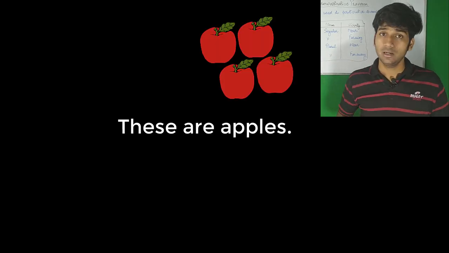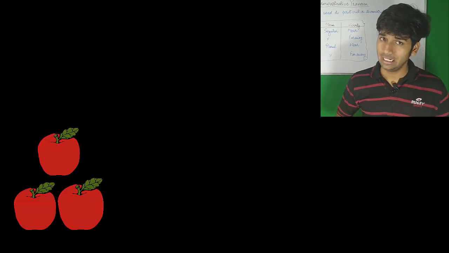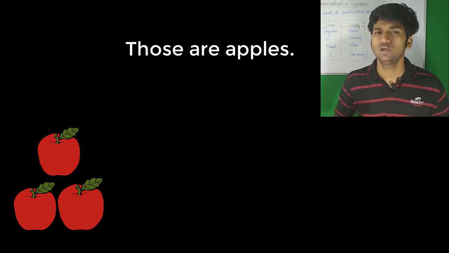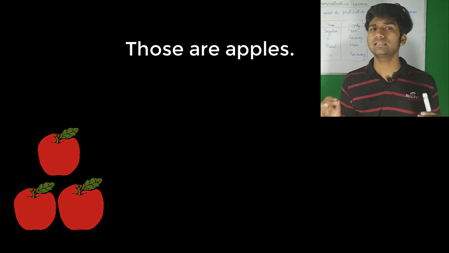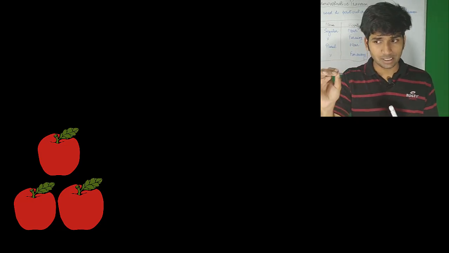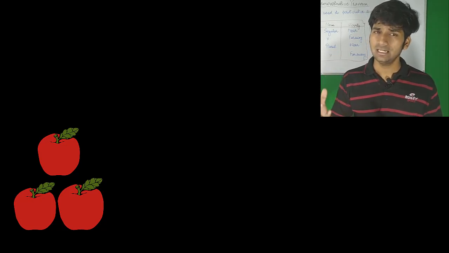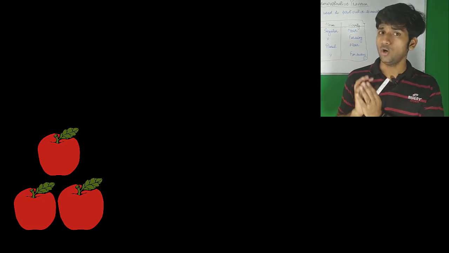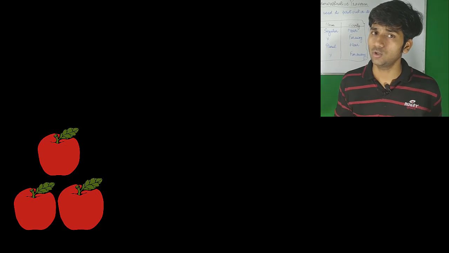But if they are far away from me, I'll say those are apples. Very easy, guys. These are used just to point out something or somebody that's either near you or far away from you. That's all a demonstrative pronoun does.